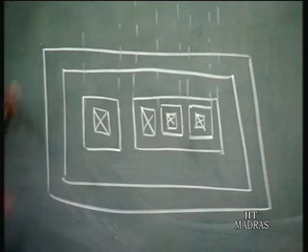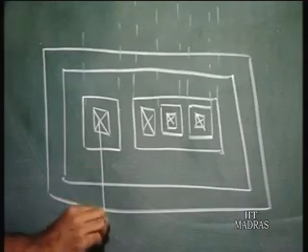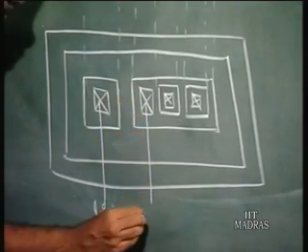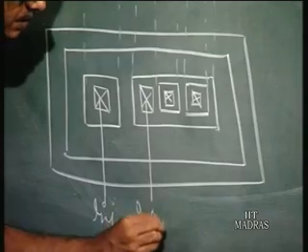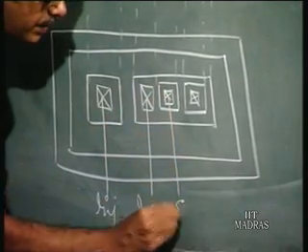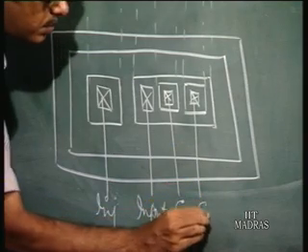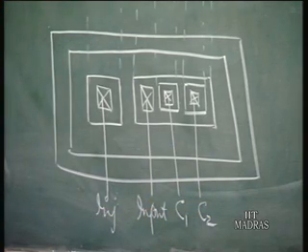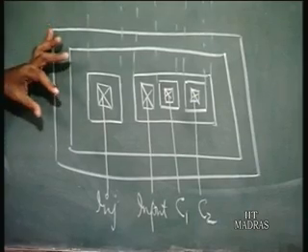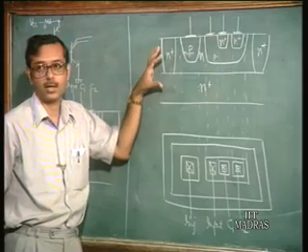This is the mask drawing. So you have an injector here, this is the injector, this is the input or the base, sometimes also called the base contact. This is the collector C1, I write C2, these are two collectors here. So this is the mask drawing, or the top view, and this is the cross sectional view.